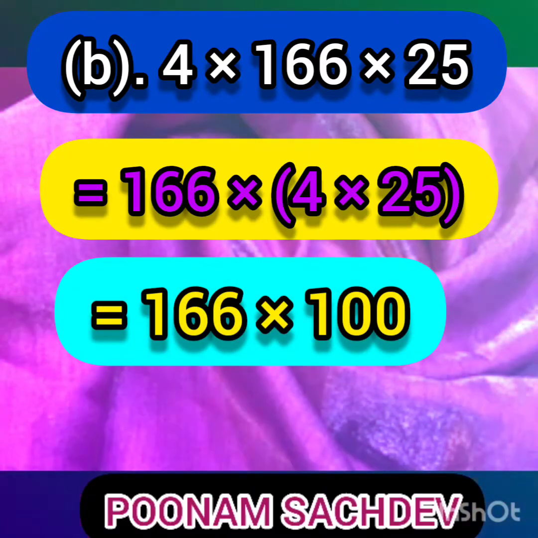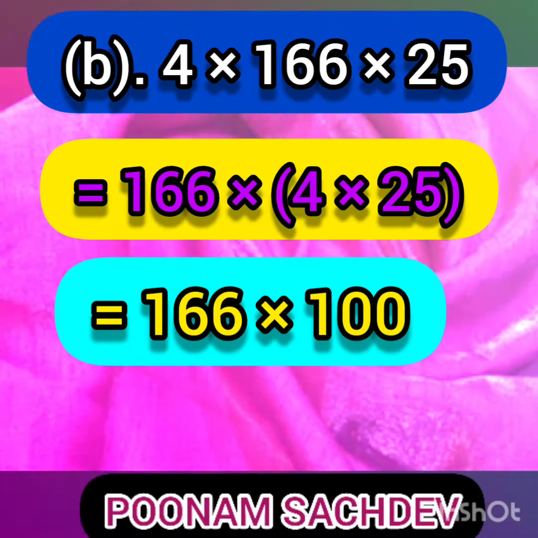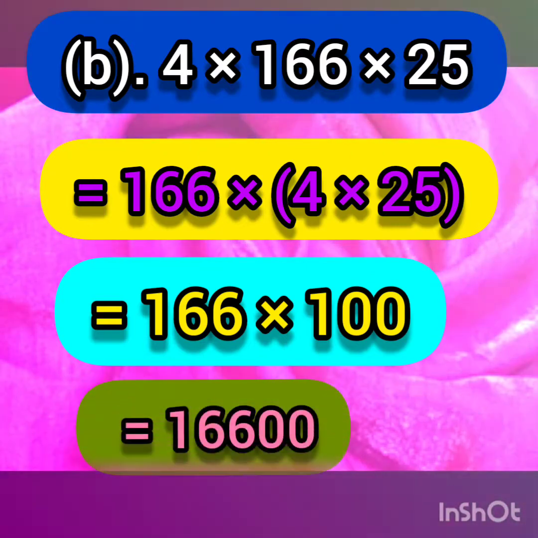Therefore, the product of 4 with 25 gives the result 100. Now, let's multiply 166 with 100. The product of 166 with 100 gives the result 16,600.